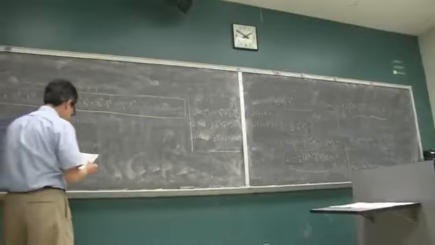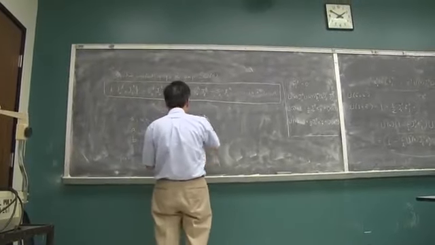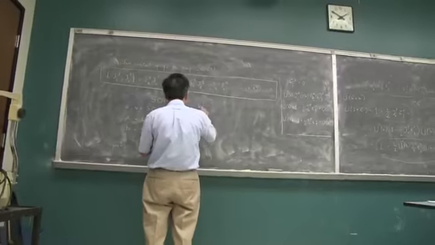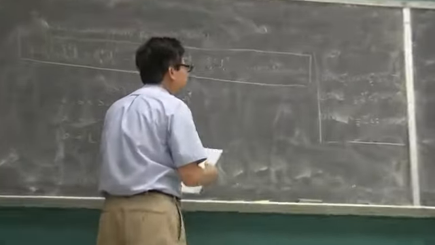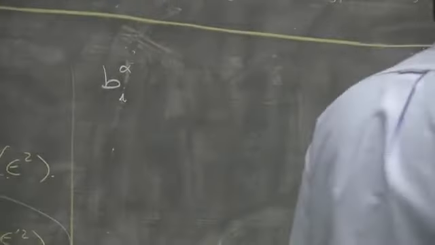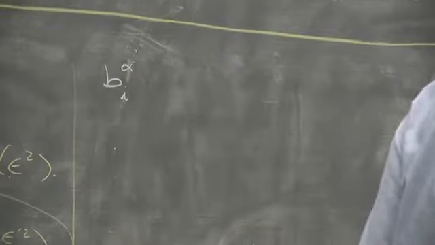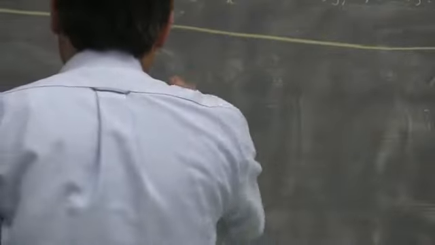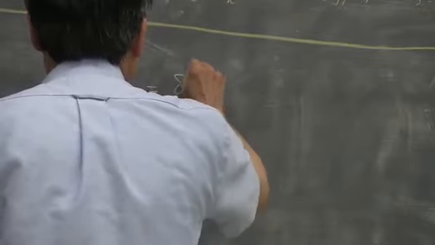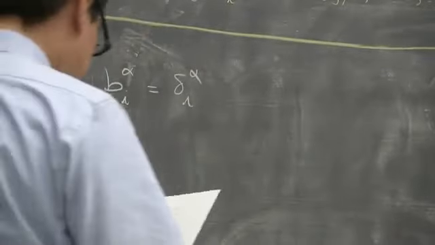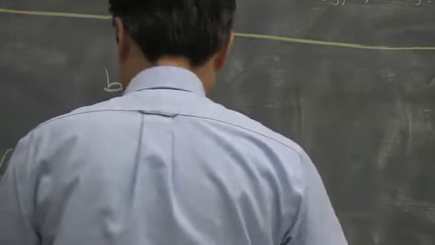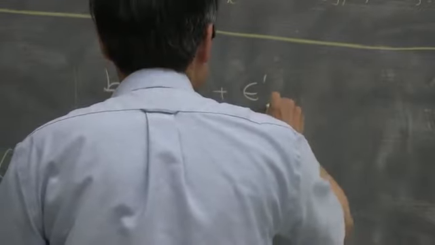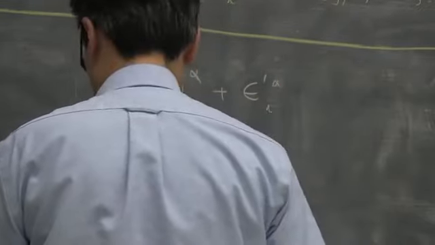And so we're going to write the individual matrix elements for B. So let's write B_i alpha, because we have some B_i alphas in here, so we want to write that. It is delta_i alpha, this corresponds to the identity matrix, plus epsilon prime_i alpha, plus higher orders.